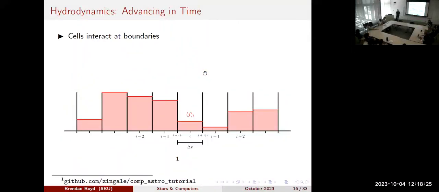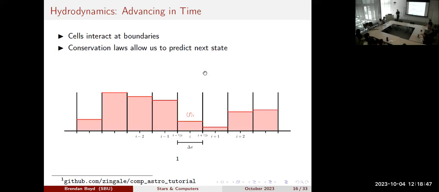So I'm going to go into detail into one aspect of this, and that's how we advance in time. We would love to just start with our initial state and predict the end of the simulation in just one time step. But unfortunately, that doesn't work. Instead, we have to take really small, tiny time steps.